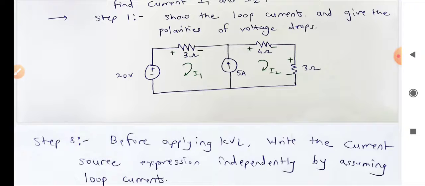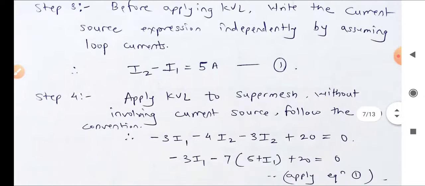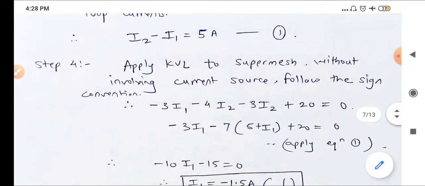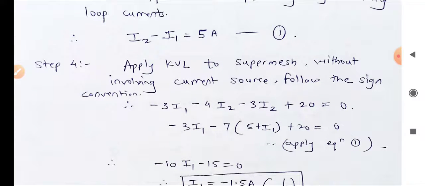This outer loop has 3 ohm, 4 ohm, 3 ohm and 20 volt in it. So by applying KVL to this super mesh and following all the sign conventions, this is minus 3I1, this is a voltage drop. Next is minus 4I2 minus 3I2 plus 20 is equal to 0.